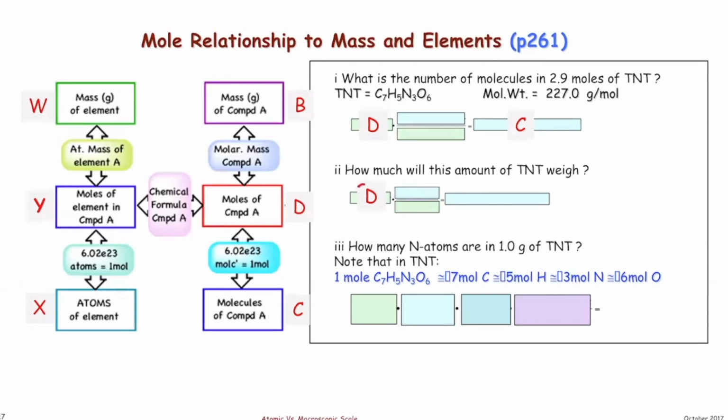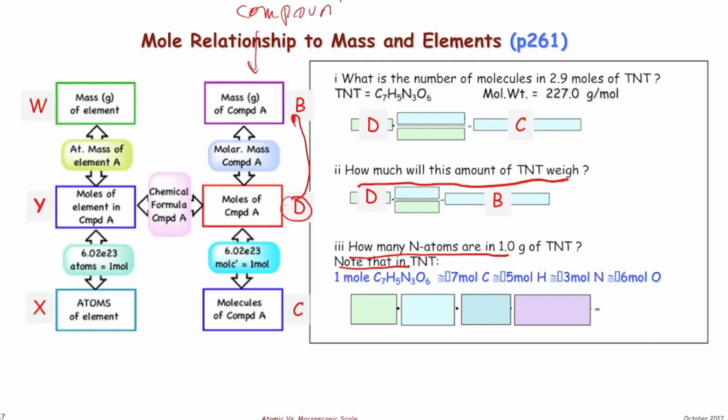How much will this amount weigh? So we're going to go from D, this amount is going to weigh, to B. That's the path for the second step, D to B. And then finally, how many nitrogen atoms are in 1 gram of TNT? TNT is a compound, that's this right here.